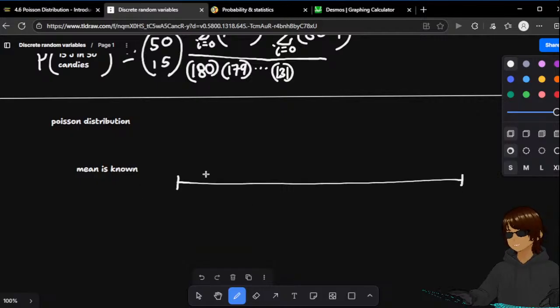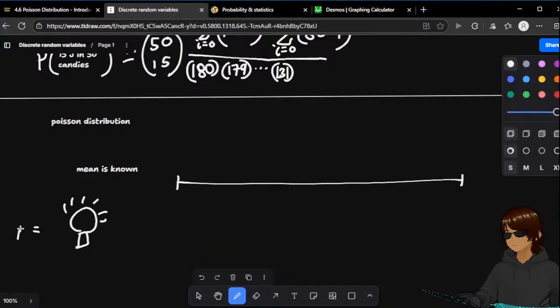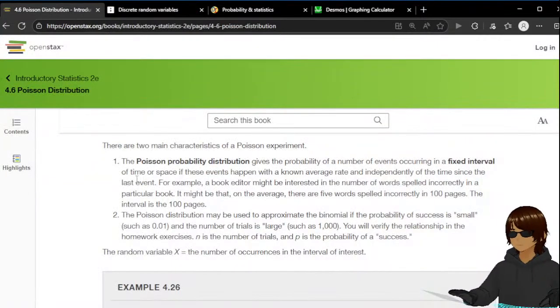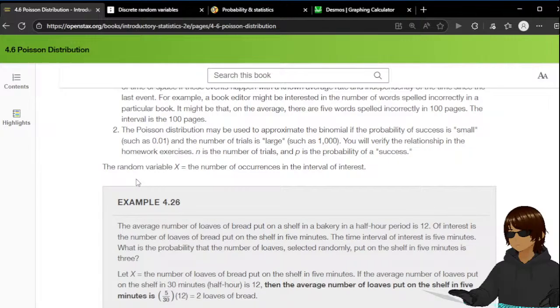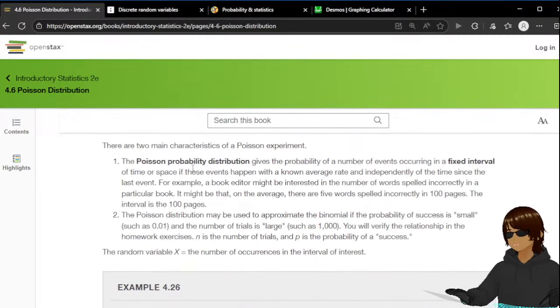The mean, let's say the probability of this light bulb randomly blinking, and mu is, let's say it blinks twice per minute. Number of events occurring in a fixed time interval or space.